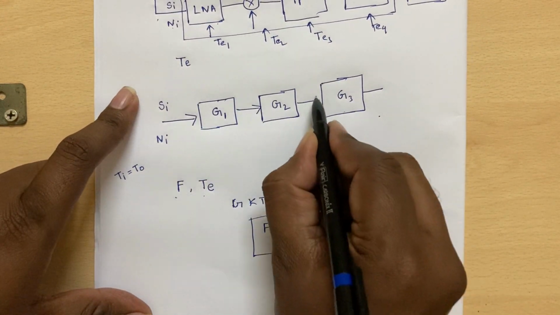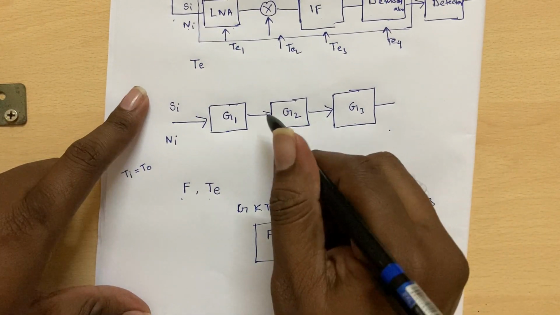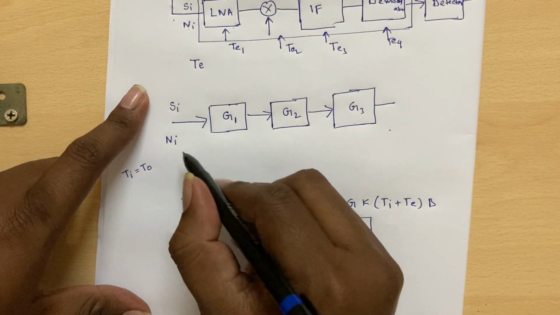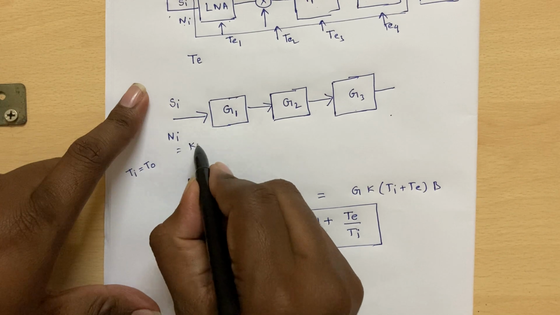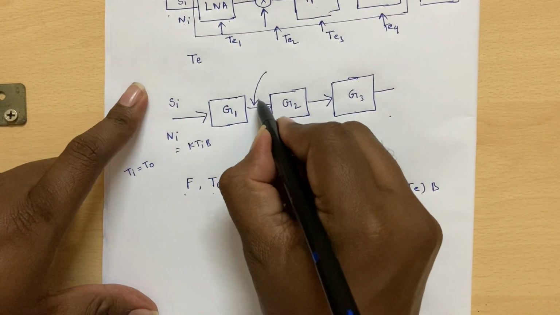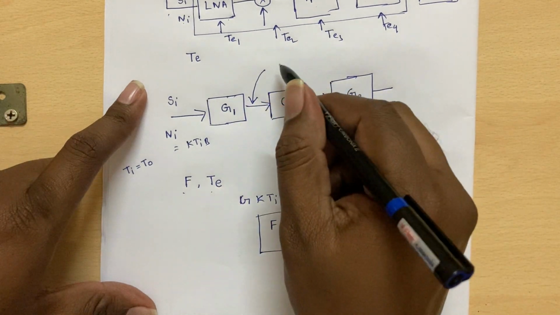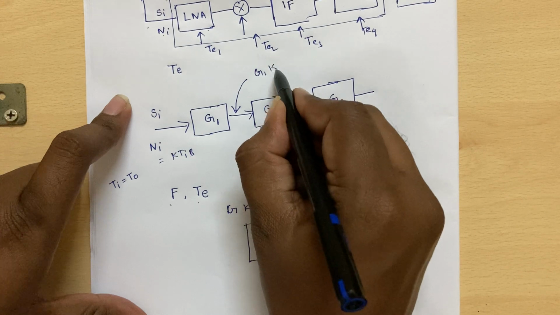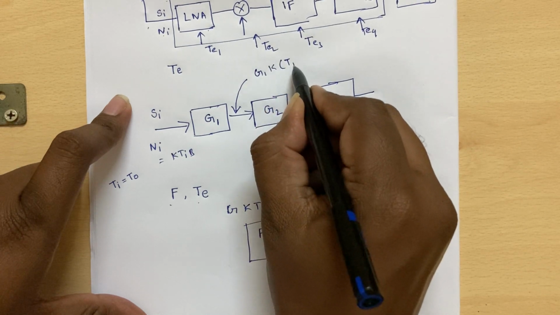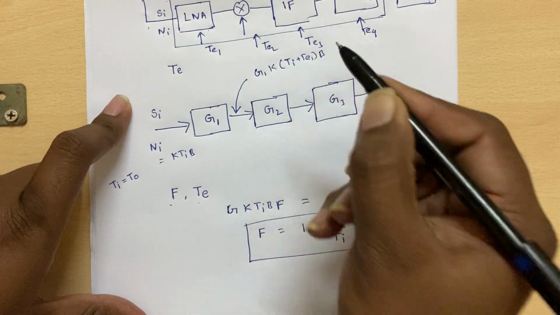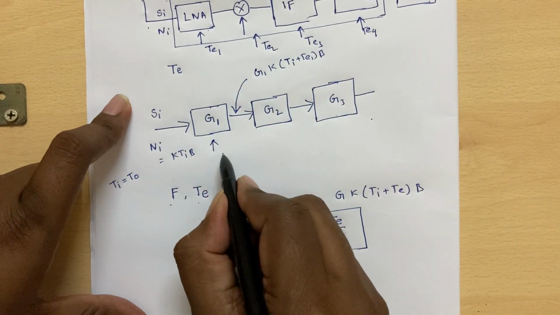So we have 3 blocks in continuous cascade, and here the input noise power is Ni, which is equal to KTiB. What is the noise power at the first output? G1 K (Ti plus T1) into B, because its noise temperature is T1.